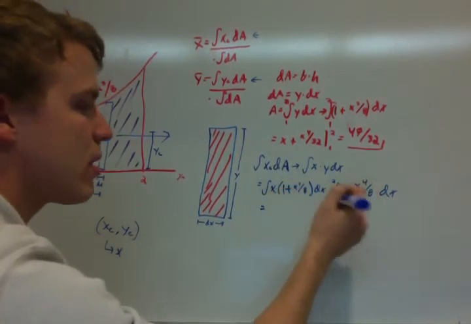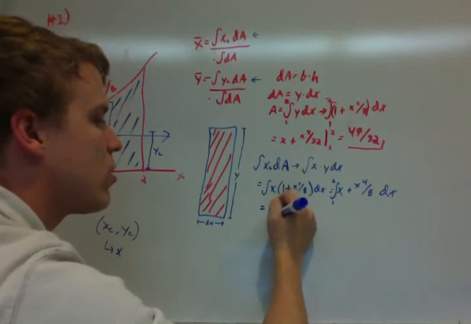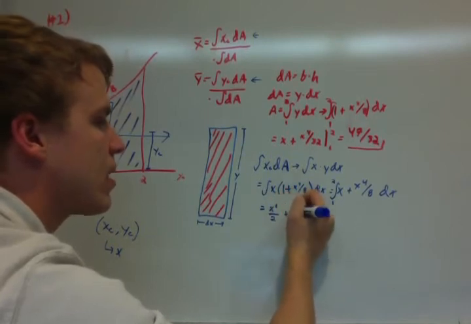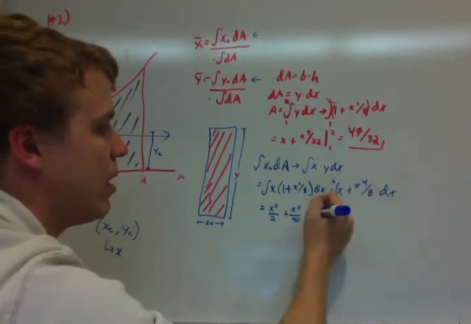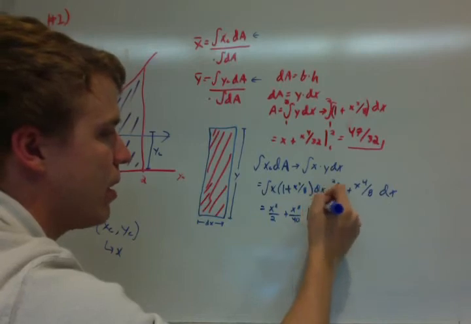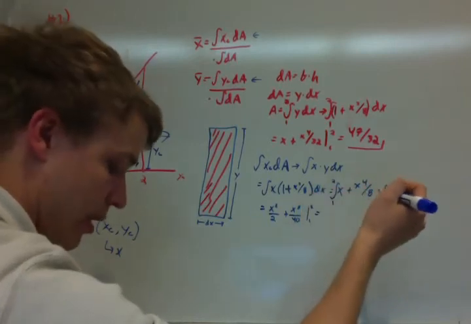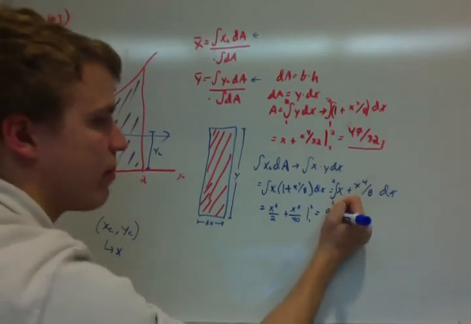You solve this through, you end up with x squared over 2 plus x to the 5th over 40, right? 8 times 5 is 40. And you're going to do that from 1 to 2. And that turns out to be 91 over 40.